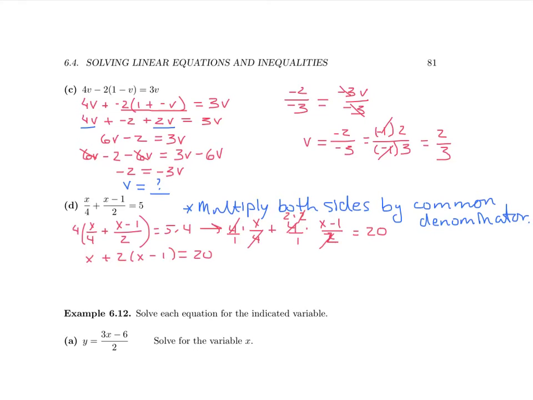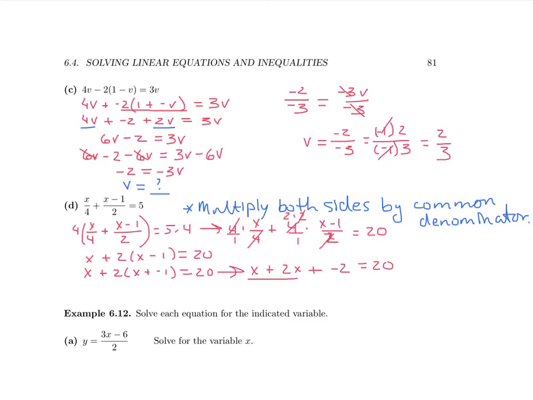So let's go ahead and rewrite the left-hand side with addition. So plus a negative 1 equals 20. And now if we use the distributive property, we have 2 times x, that's 2x, plus 2 times a negative 1, that's a negative 2, and this equals 20.